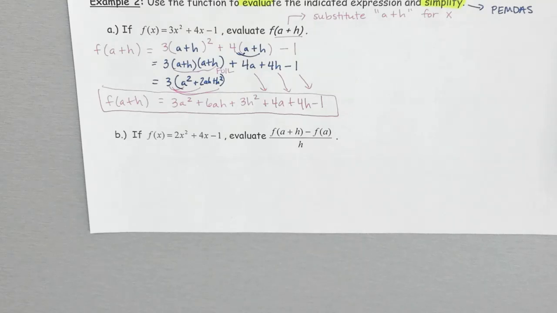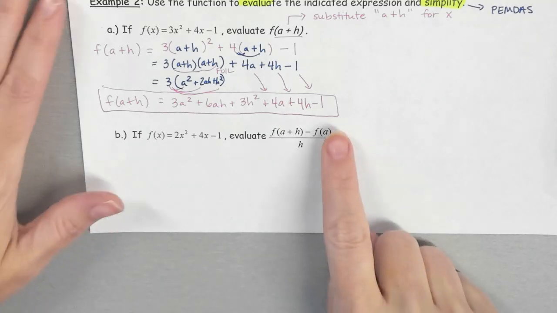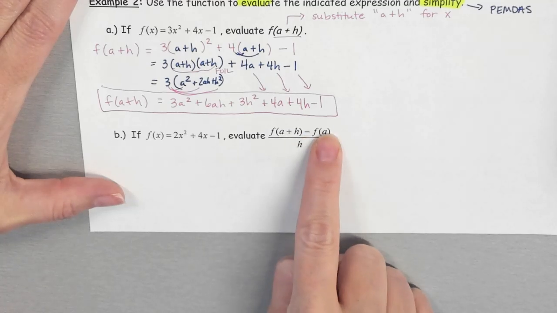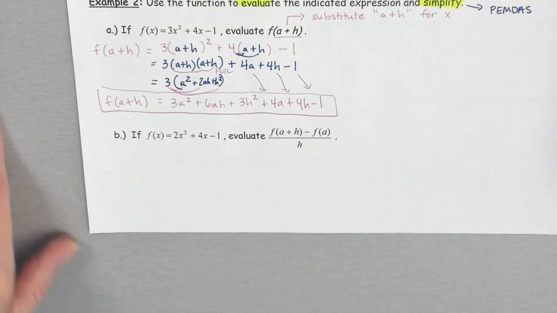Okay, now if we look at part B, we have an f of x again, a polynomial, a quadratic, and then it says to evaluate, and this is getting more complicated. Notice these first two parts are the same, but then it's minus f of a divided by h.